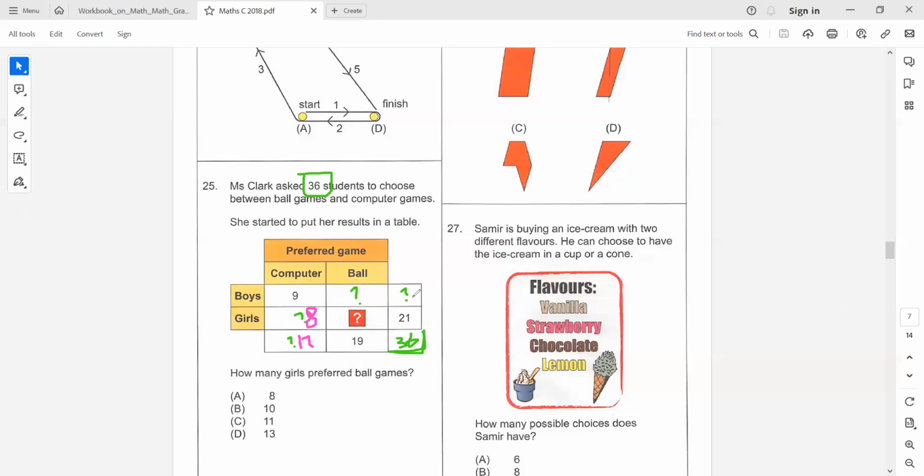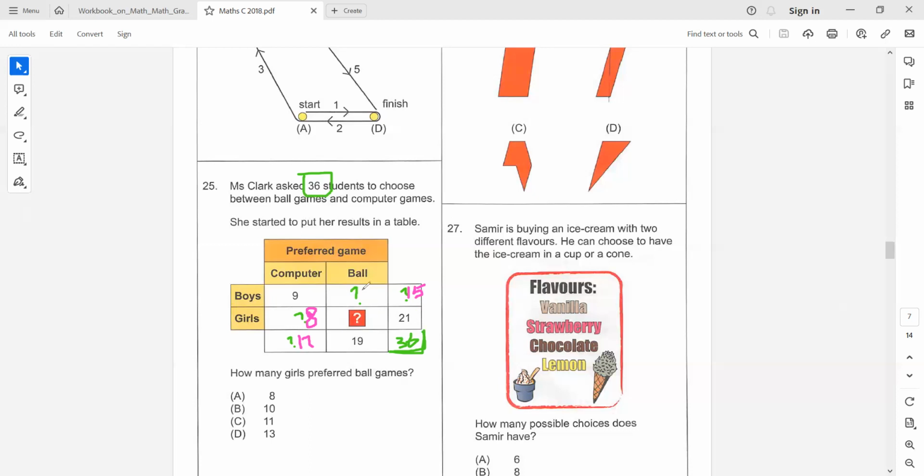Now go this way and find this one. Because the total will be 36, then this will be 15, right? Yes. And boys 15, girls 21, altogether 36, right?